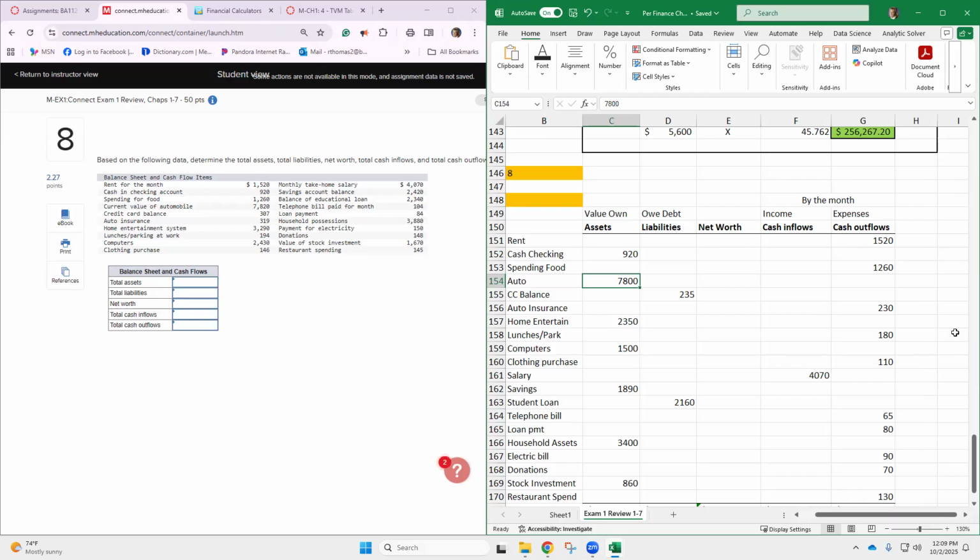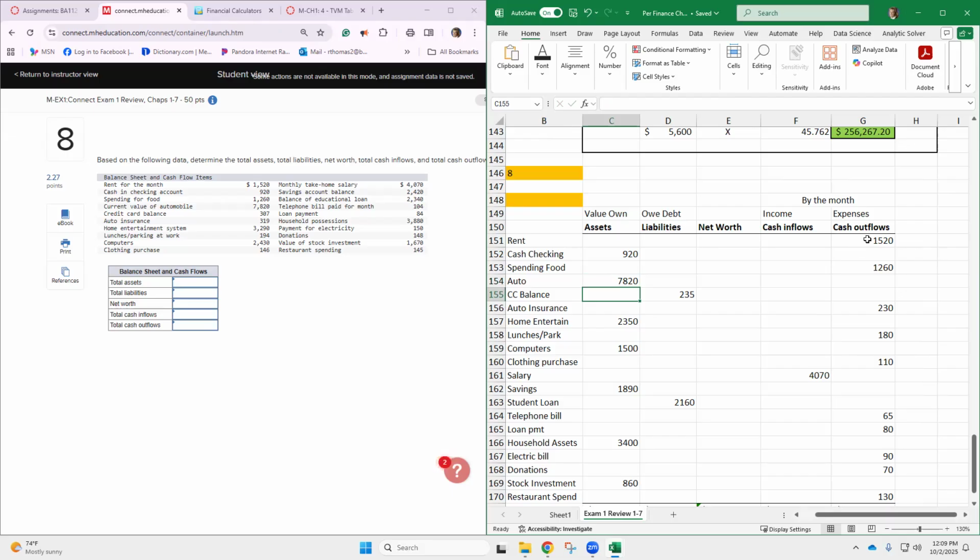Because I have a debit card that goes with my checking account or a check that I could pay just about anything with right now. With a savings account, you might have to go to the bank or to the ATM to get the money. We used to have to call the bank and ask for a check from my savings for a certain amount, and they would have you come and get it. So the auto is an asset.